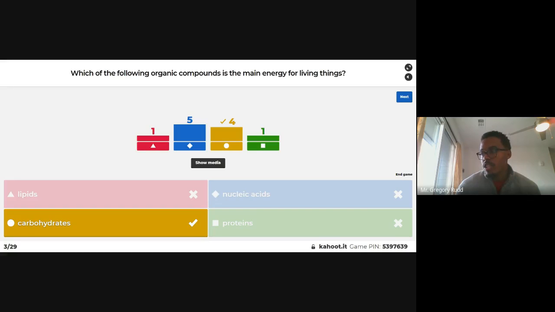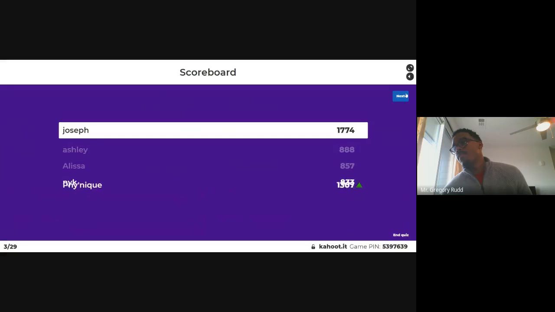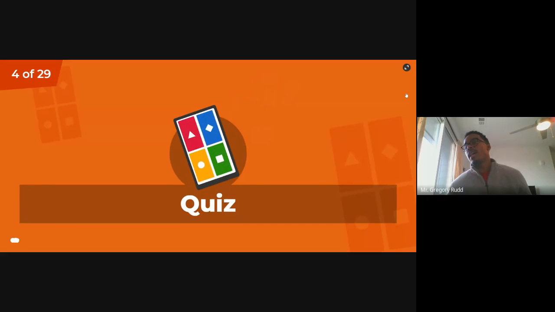They do not provide energy. We just went over this. Carbs provide short-term energy. Carbs are really what most forms of life rely on for energy. Glucose, right? Plants and all photosynthetic organisms do photosynthesis to create glucose, which is a carbohydrate. Lipids also provide some energy, but they're really about long-term energy storage. They're not as useful as glucose for immediate energy use. Good job, Nick. Big jump.